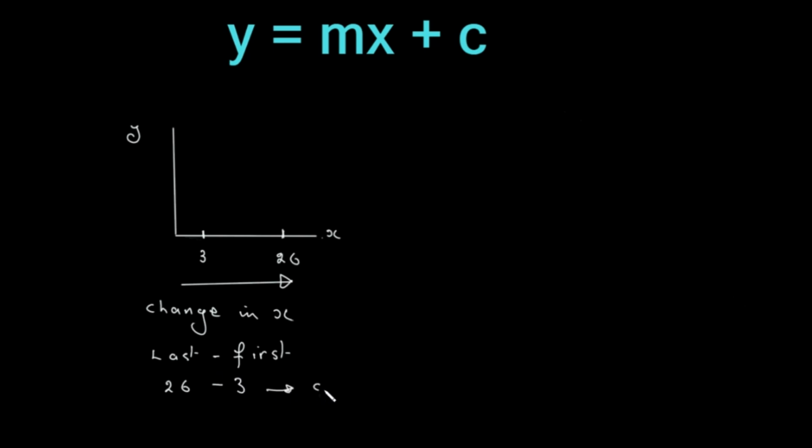So the change is equal to 26 minus 3, which is equal to 23. So the distance from there to there, according to the scale of this axis, is 23.